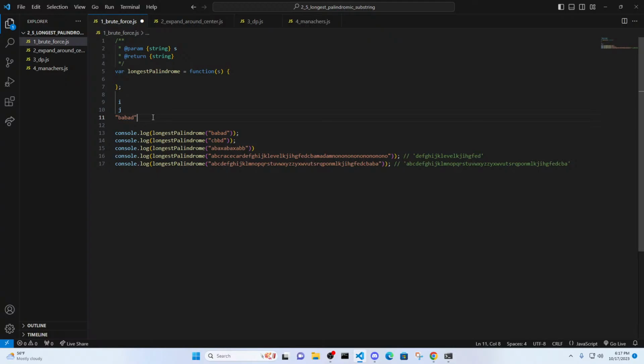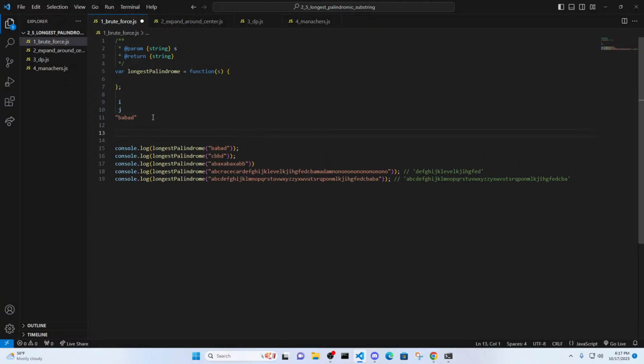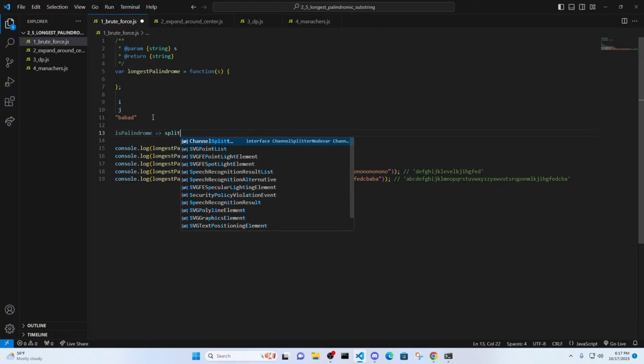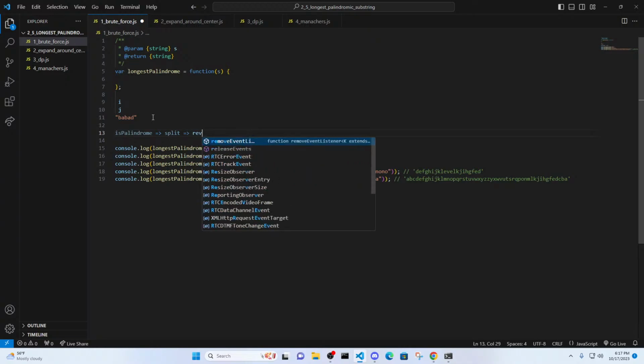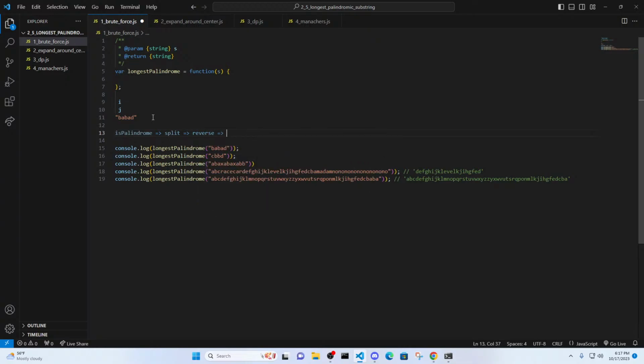So we'll create an external function, isPalindrome, to check. This function will basically just split the string, convert it into an array, reverse the array, and then join the array.